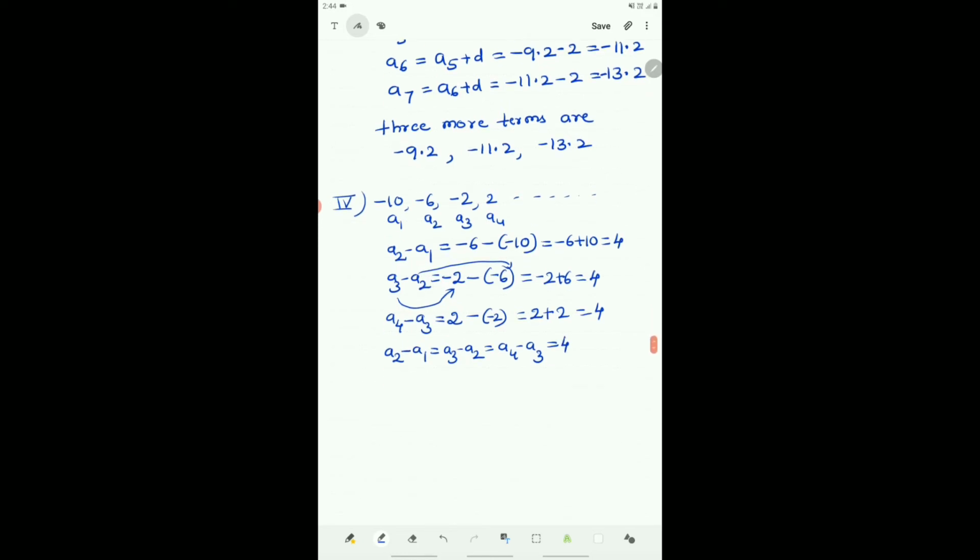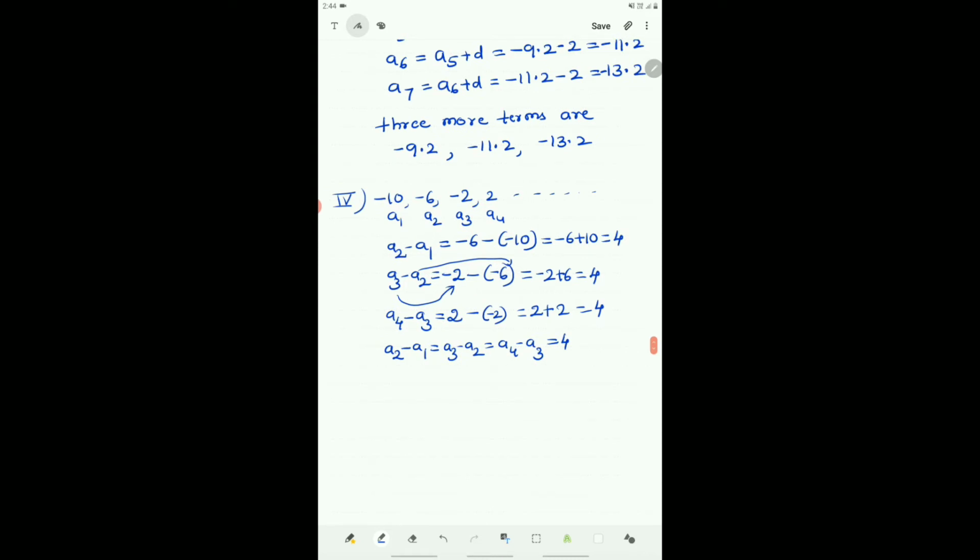So what you can conclude, as a fixed number is added, that is A2 minus A1 is equals to A3 minus A2 is equals to A4 minus A3 is equals to 4. So fixed number is added here. Difference between the consecutive term is constant. So you can conclude, therefore it is an arithmetic progression, AP.